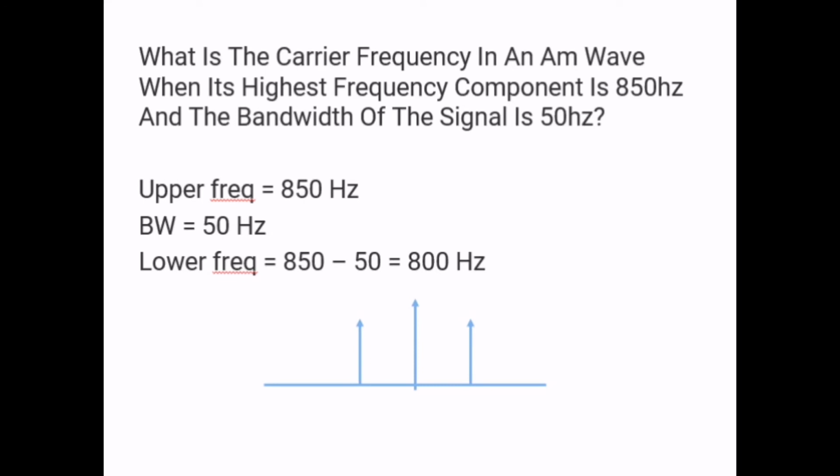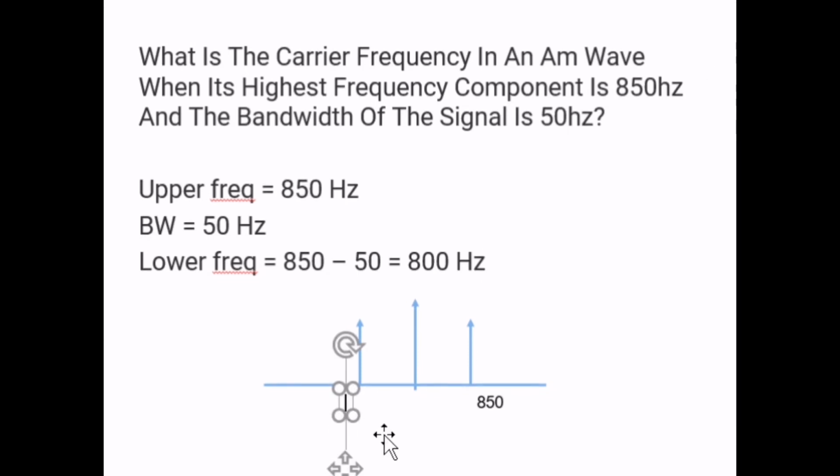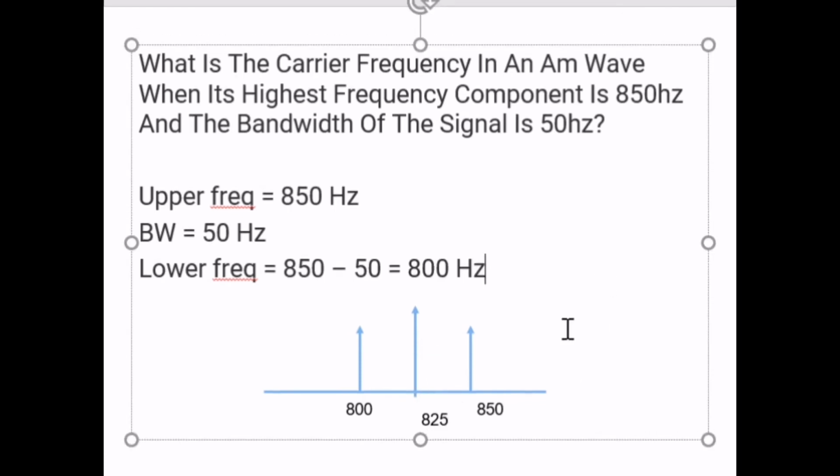The upper frequency is 850. The lower frequency is 800. So we know that the middle here should be 850 plus 800 divided by 2, so you get 825 Hertz.